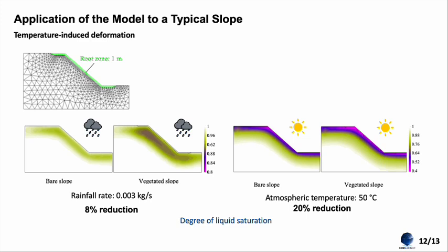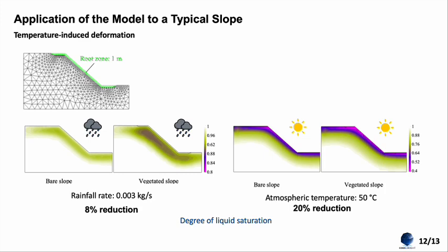And in terms of the effect of vegetation on the liquid saturation, here are 2 models that show one bare and another vegetated slope. When we have a thermal loading, for example 50 centigrade, for the vegetated slope we have a 20% reduction in saturation degree.